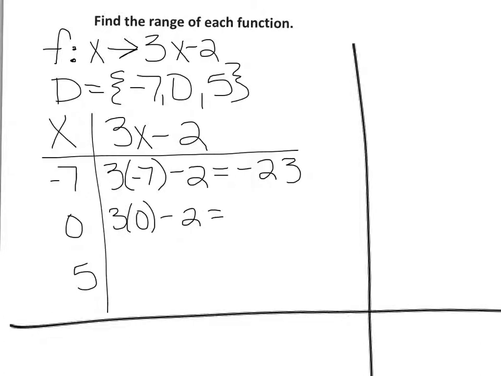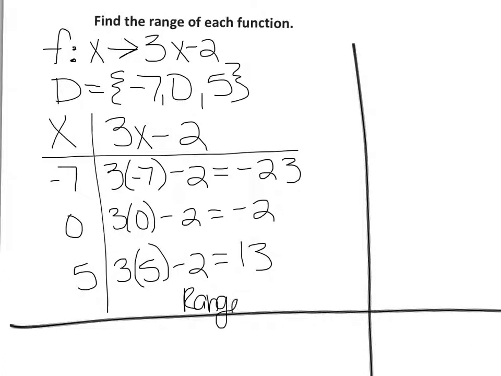What is 3 times 0 minus 2? -2. And finally, if I plug 5 in for x, 3 times 5 minus 2 gives me 13. So it asked me to find the range. So my range is -23, -2, 13.